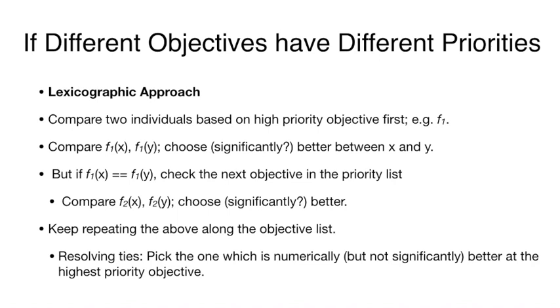If the ties persist all the way, we can either choose randomly. Alternatively, if originally we were looking for significant differences and couldn't find any, then we can go back to our highest priority objective and simply pick the numerically superior individual at the highest priority objective. So we can try various approaches.